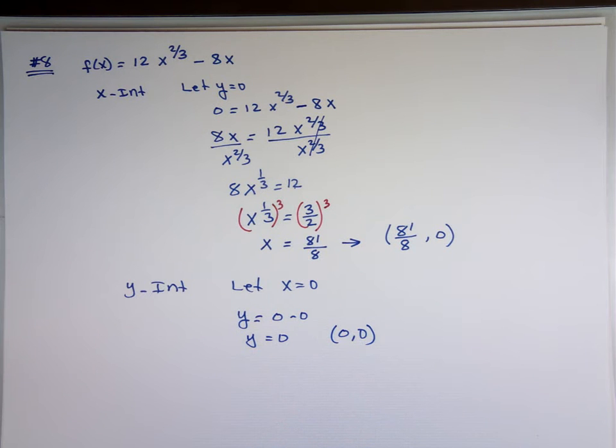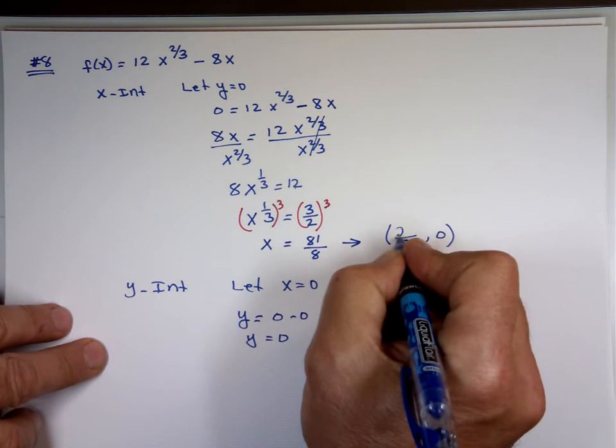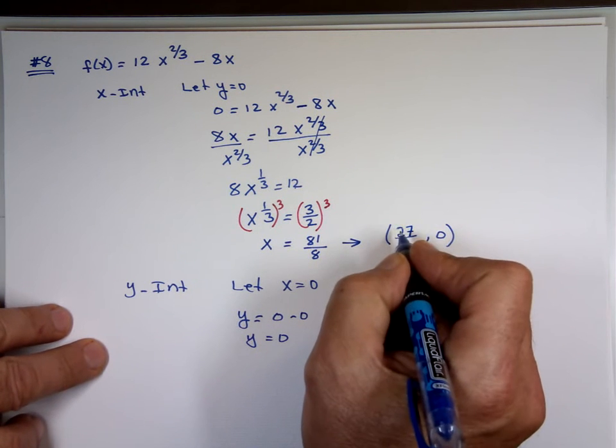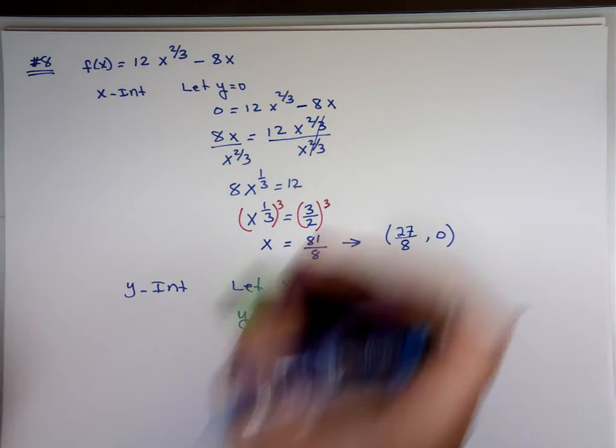Yes, thank you. I knew that. I thought about that too earlier. 27 times 3, 81. I don't know. So 27 over 8, not 81 over 8. 3 cubed is 27. I can do the fancy math, but I can't do 3 cubed.